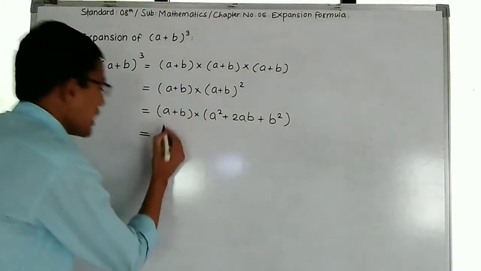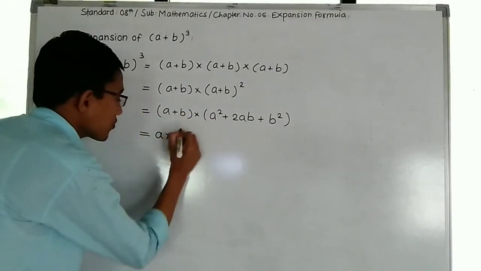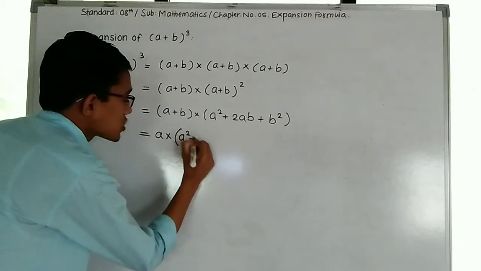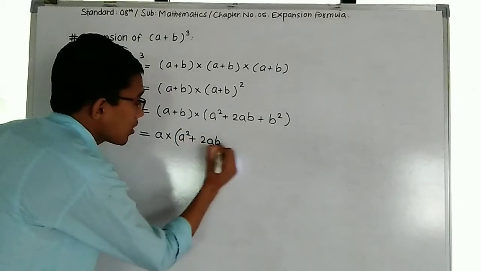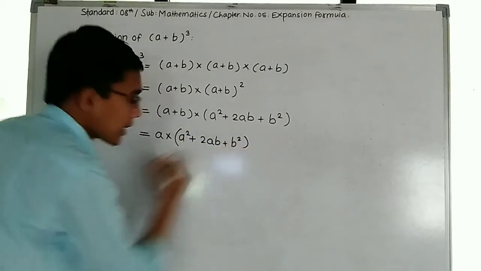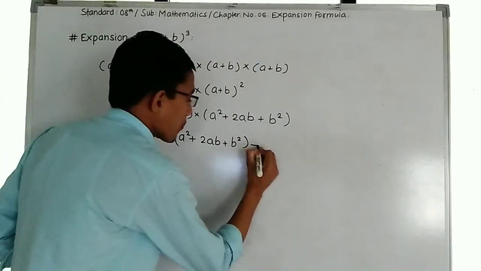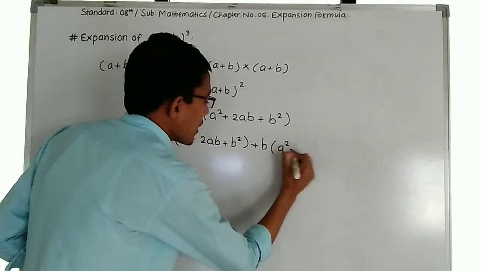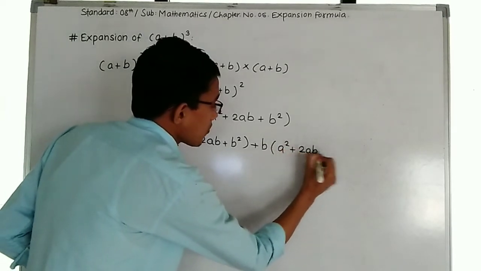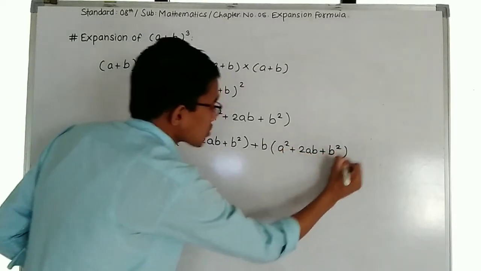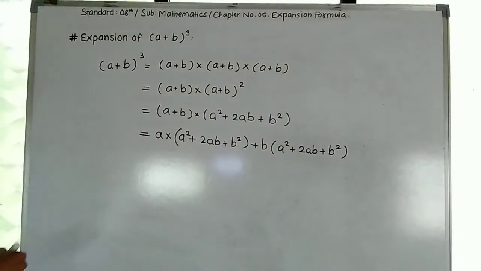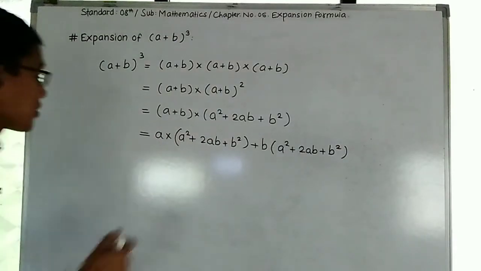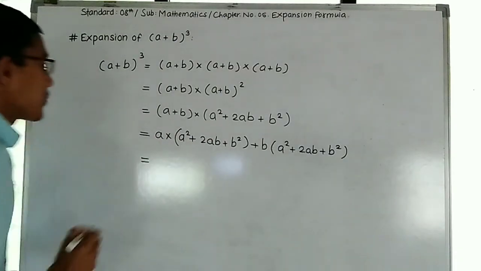So a into the complete bracket, a^2 + 2ab + b^2, plus b into (a^2 + 2ab + b^2). Now let us perform the multiplication.